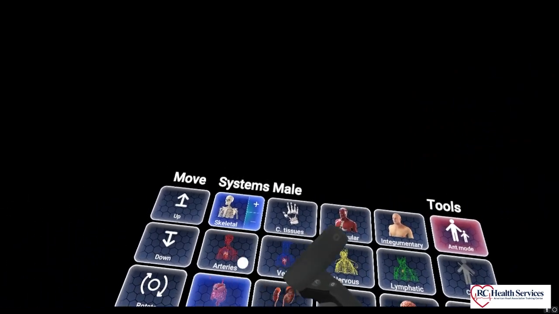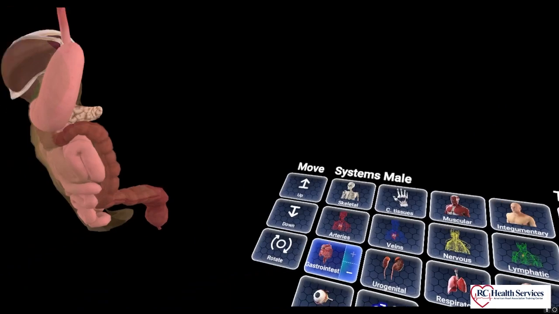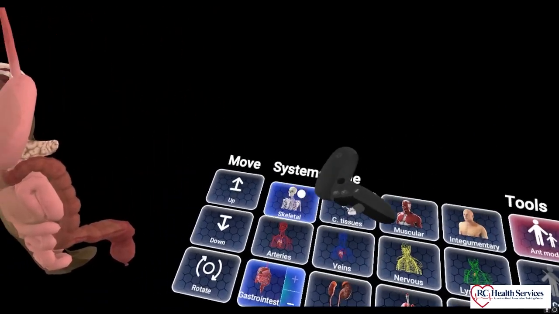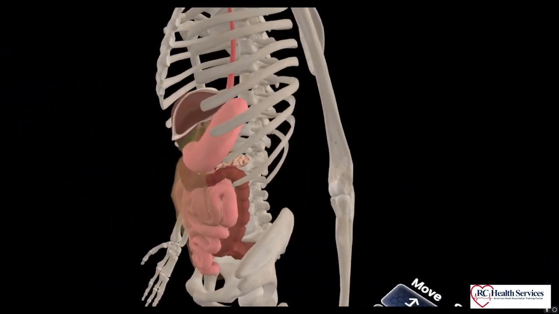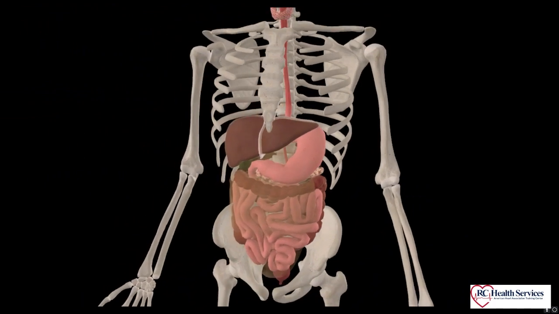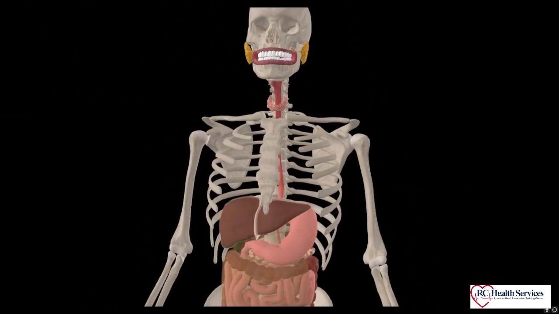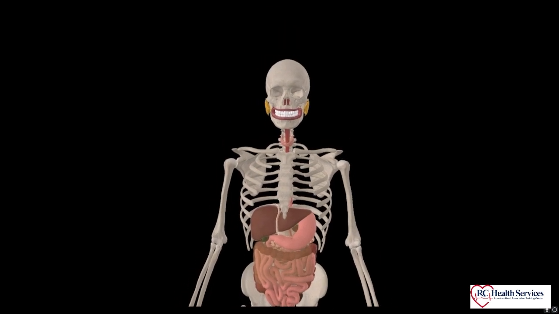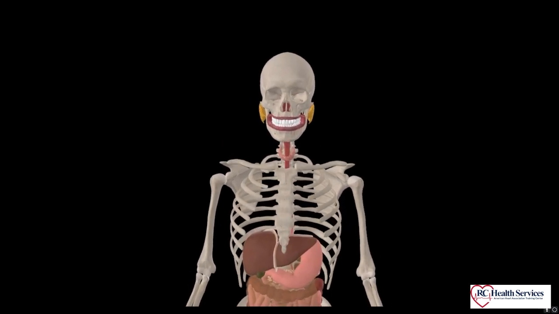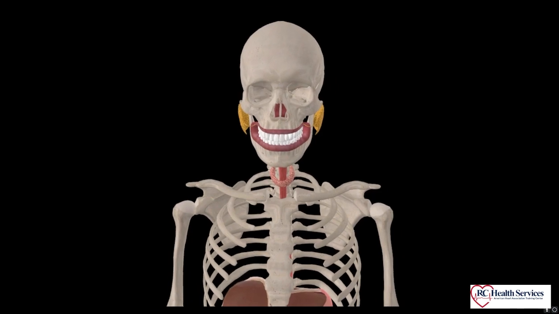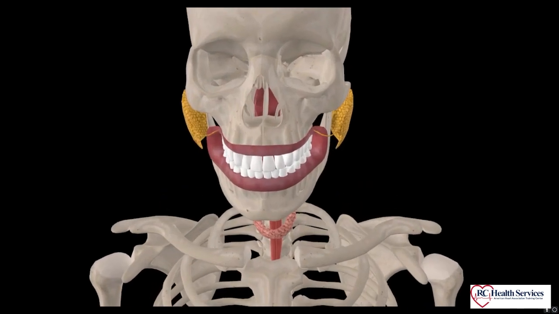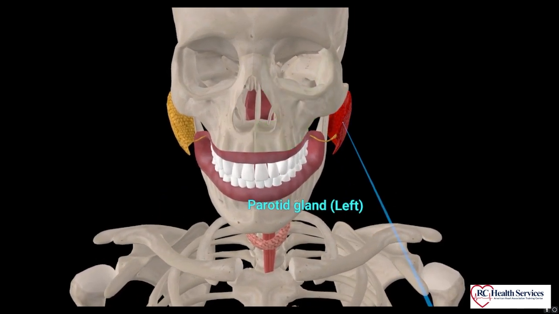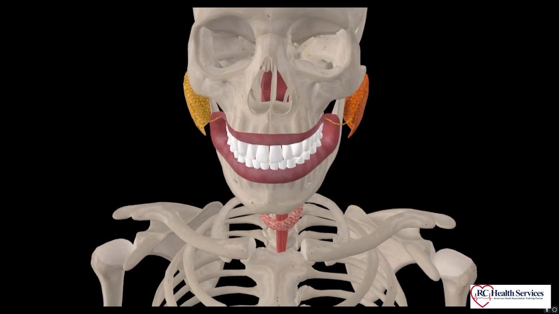So the digestive system has a lot of organs. The digestion itself actually starts at the mouth. We have those saliva glands on either side of our head to secrete saliva and start that digestive process.